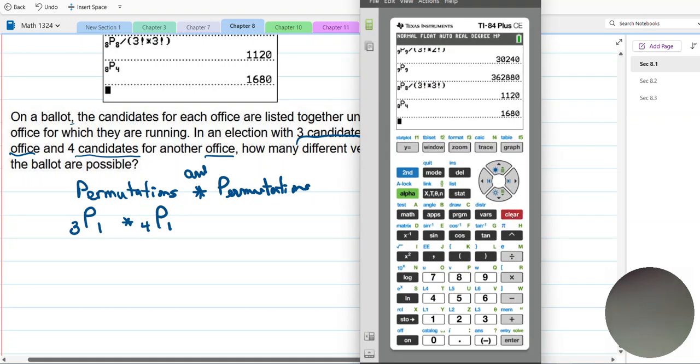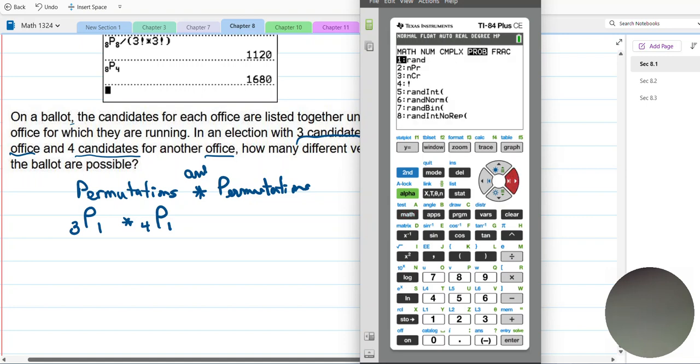Let me clear this and I'll enter the 3. Well, what is it? It's 12, isn't it? 3 ways for the first one and 4 on the second one, but we're going to do it just to make sure.